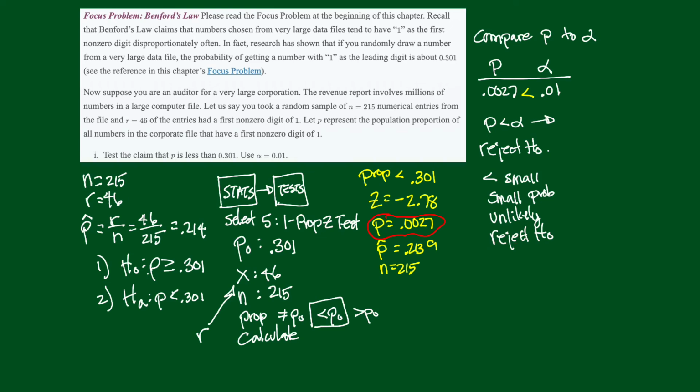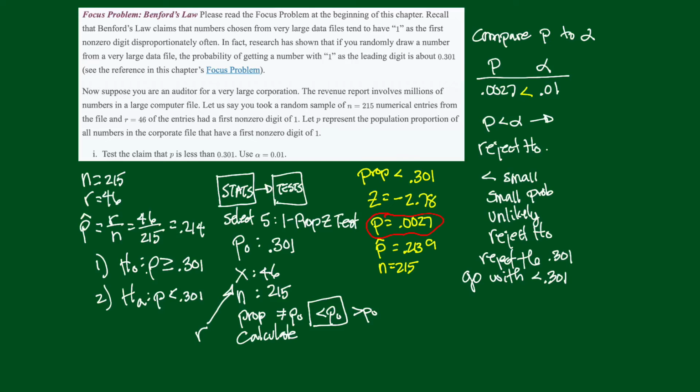Now what is H naught? Bring it back here, follow it all the way back to my hypothesis. H naught says that P, the proportion, is greater than or equal to 0.301. We're going to reject this. So if we reject this, we're going to go with the alternate.